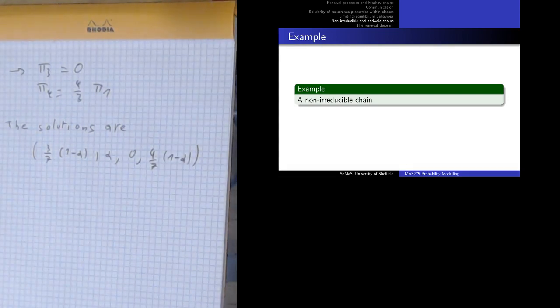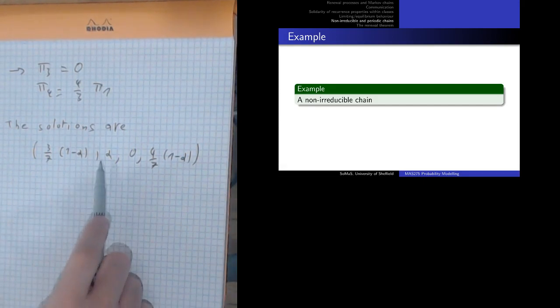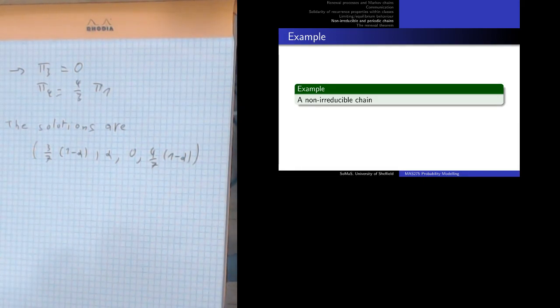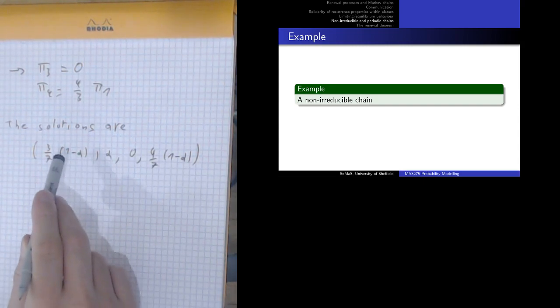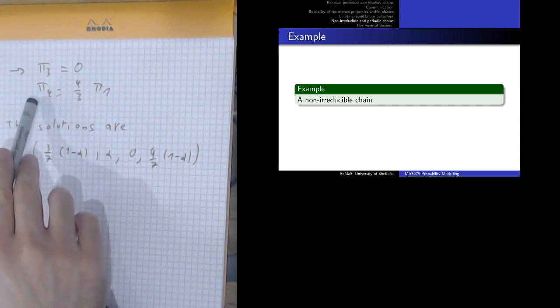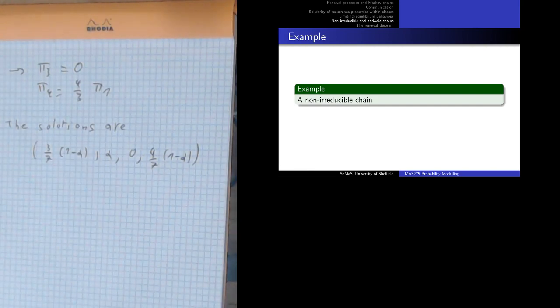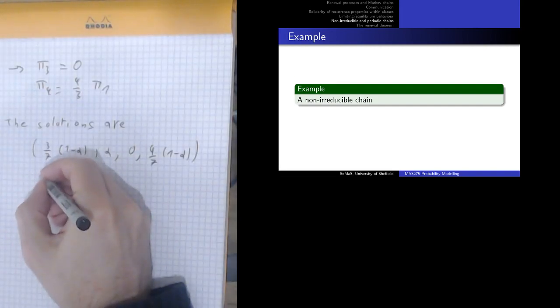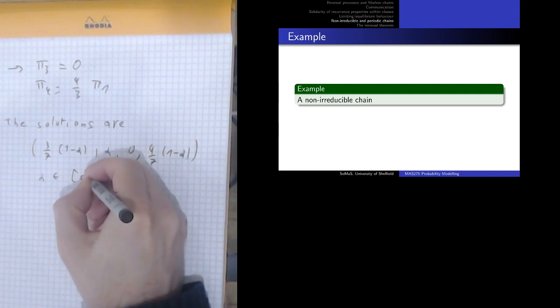What I did is parameterize things by pi2, because pi2 is free, and then notice that pi1 plus pi4 must be 1 minus alpha, and we know of course that pi4 must be 4/3 of pi1. So alpha is between 0 and 1.